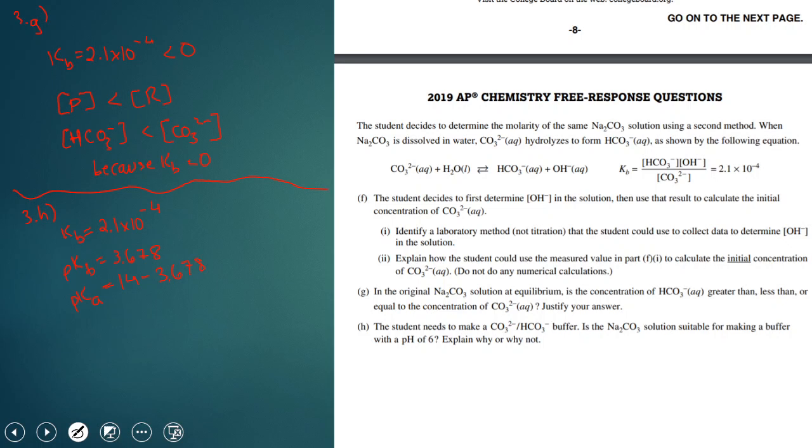Now you could make a conclusion from pKb, except usually students are more used to concluding from pKa directly. So my pKa is going to be 10.322. And because my pKa is not equal to my pH, it's not even close, to be exact, this is not a good buffer.